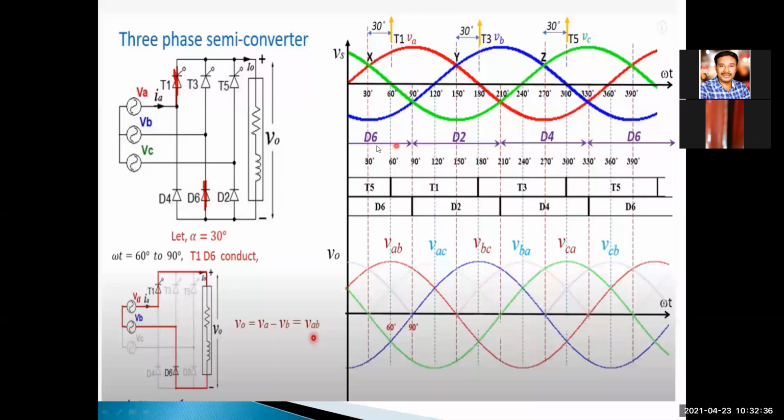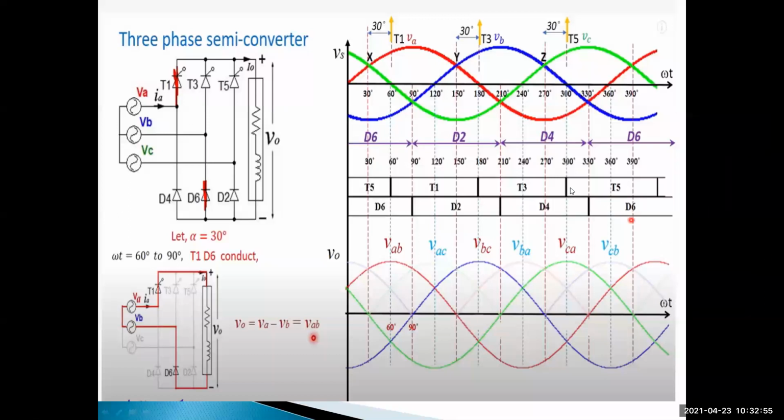And also D4. The A phase is more negative from 210 degrees to 330 degrees. Understand? Is it clear?